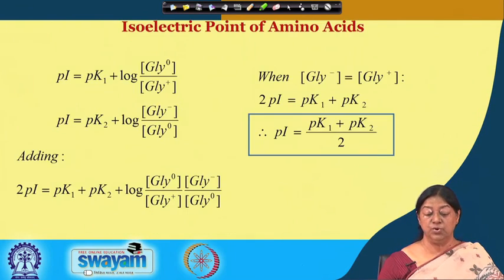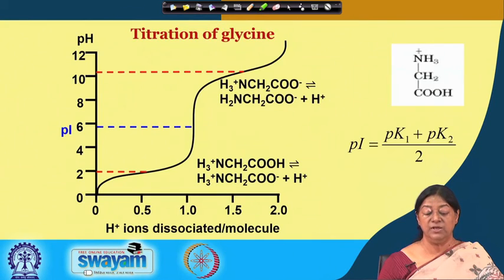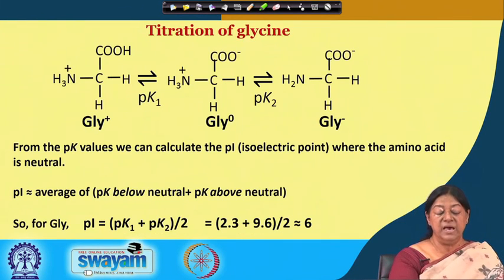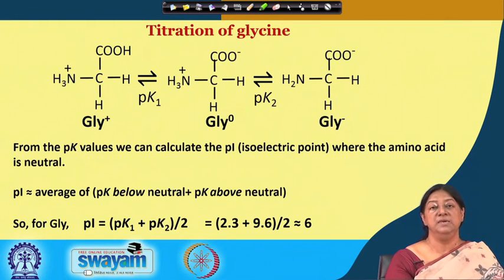The charge that is going to give us the specific pI value will be, the pI is going to be the average of the pK below neutral and the pK above neutral. So, with the progress of the reaction, if we have an ionizable group present here, there will be an additional pK value associated with the pKr.